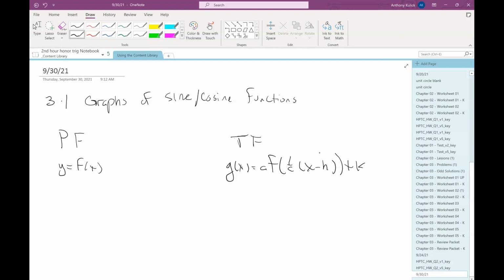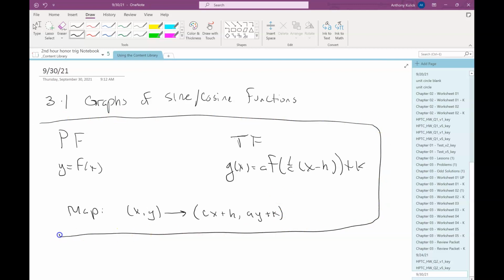And we talked about how we can use this same information to transform the specific points from a parent function to the points for our new transformed function if we want to graph something. So these two ideas are going to be central to what we're going to be doing today.